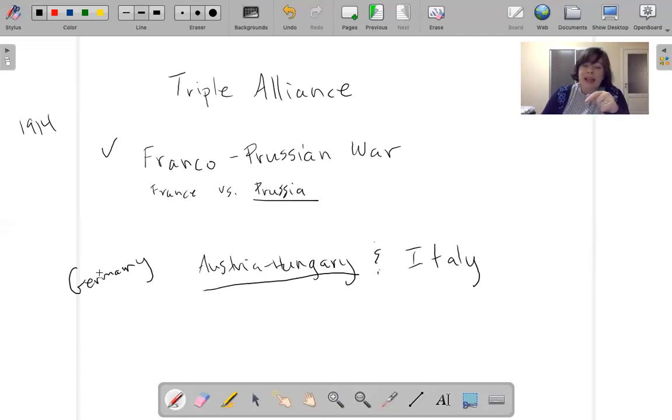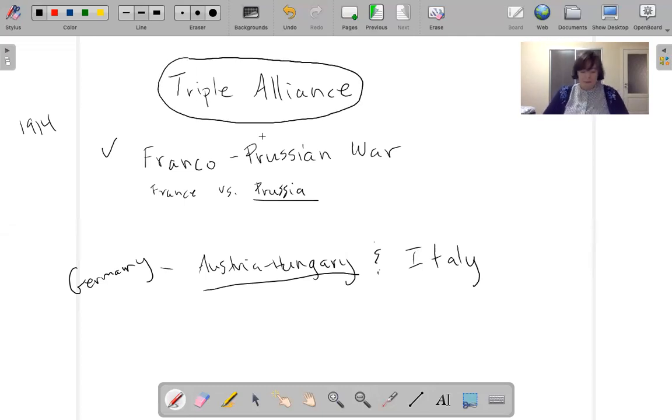And Germany did that. There are plenty of reasons to do that, but they knew that one day France might come after them. So they were preparing for that. And for that deal, Austria-Hungary and Italy were like, all right, that's cool. And they made the Triple Alliance. That's not my Mrs. Givens speak.